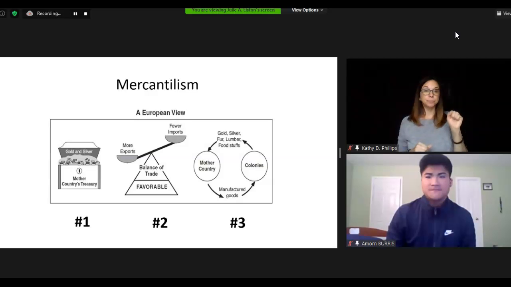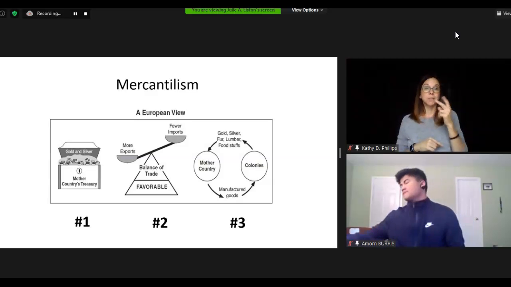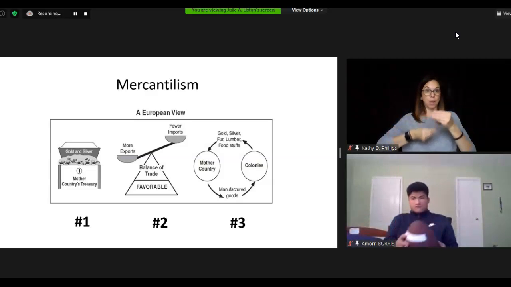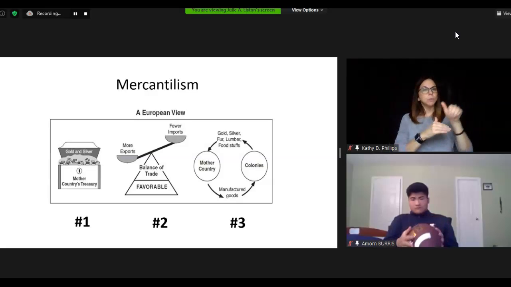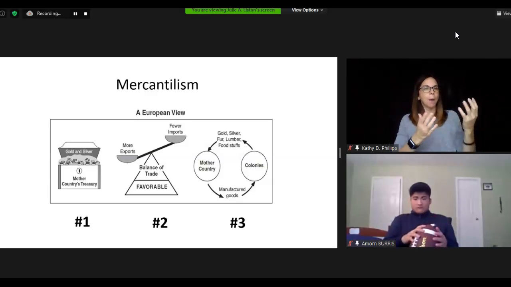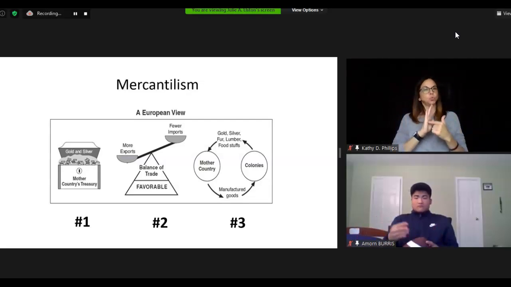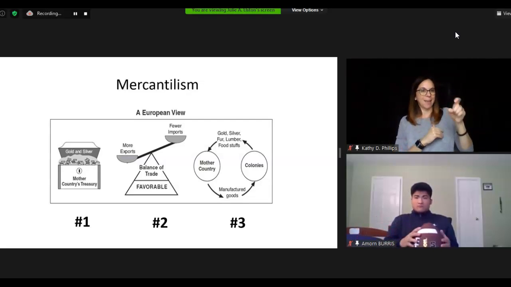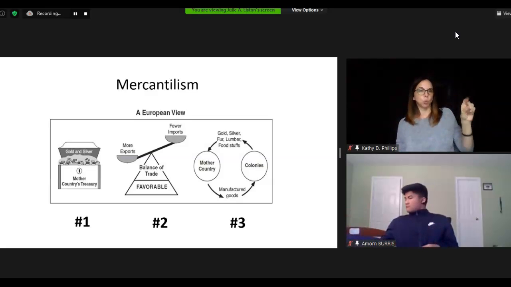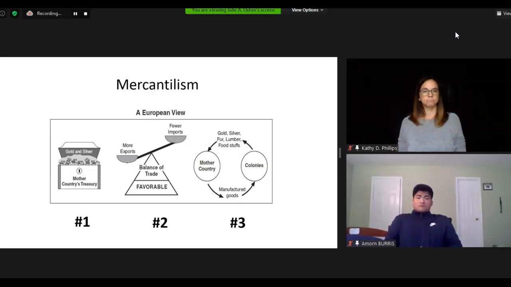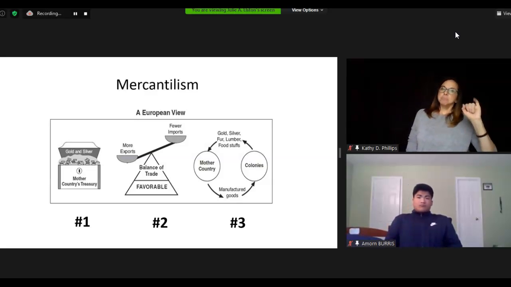So in other words, when you look at your balance of trade, how many goods are going out versus how many goods you have to bring in, you want your balance of trade to reflect more exports, because that way you're selling more goods. All right, yeah, that sounds good. Thank you. Okay.